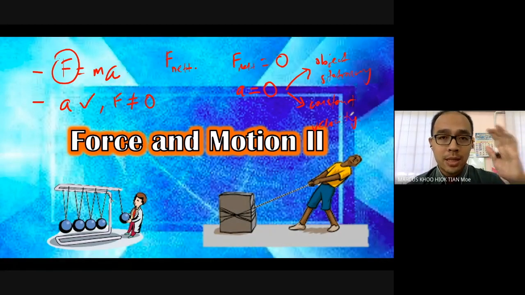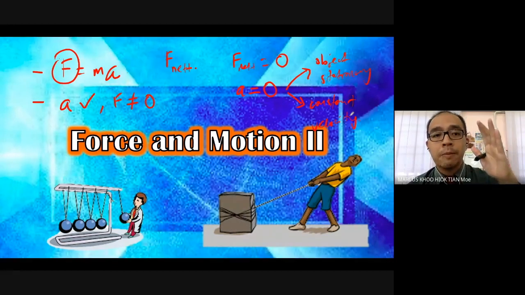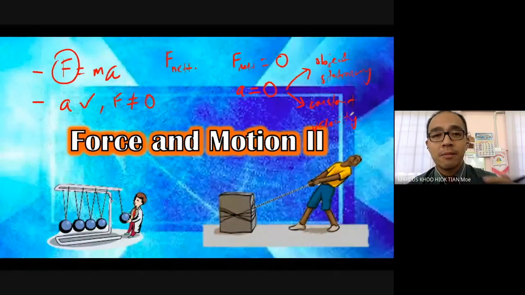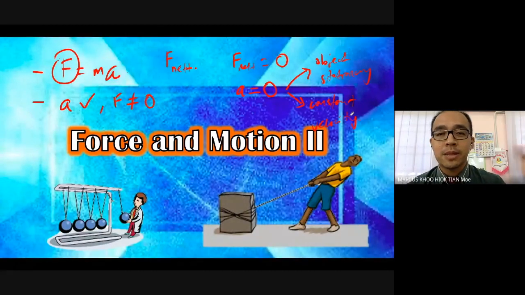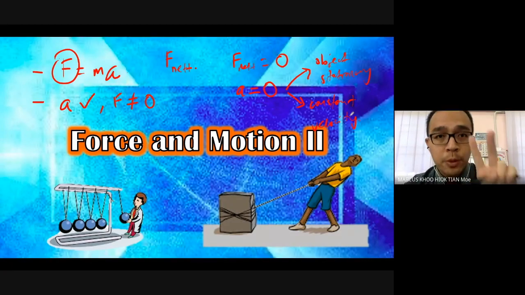Okay, so this is something that you must set in your mind when we are going into this chapter, because if until now it still hasn't gone in, it's going to be tough. So please remember this. When there is no acceleration, there are two possible reasons why. Number one, either the object is not moving, or number two, the object is moving, but it is moving with a constant velocity.